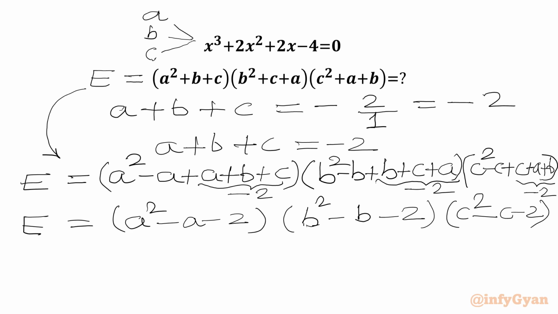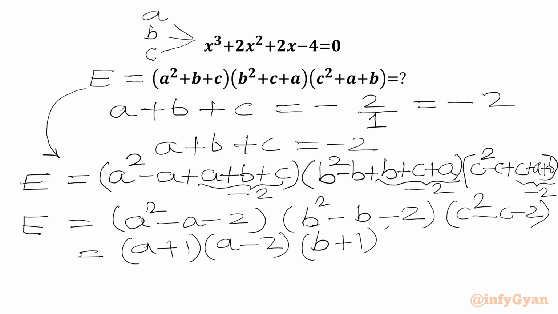Using the factorization method, we can find the factors very easily. We can write here a plus 1 times a minus 2. Similarly, we will write here b plus 1 times b minus 2. And here we will be writing c plus 1 times c minus 2.